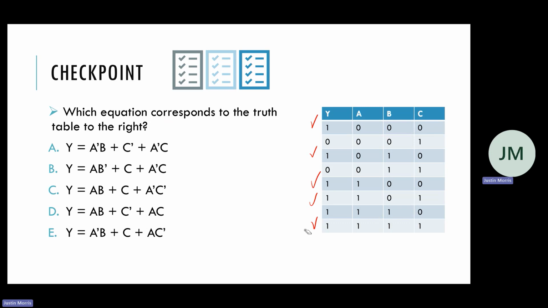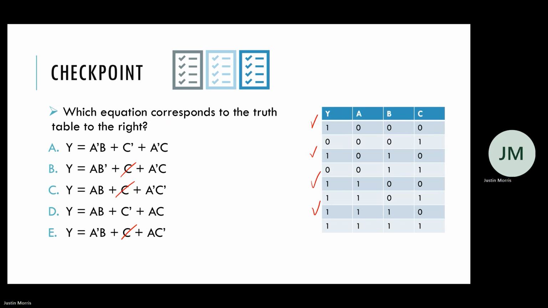Well, where did I mess up? This one is where I messed up. So C not covers all of those, and then C would cover the opposite ones. So it would cover this, where our output is not 1. So we can immediately look at the terms that have C, and we don't need to look at them anymore, because it covers part of the output that is not meant to be 1.